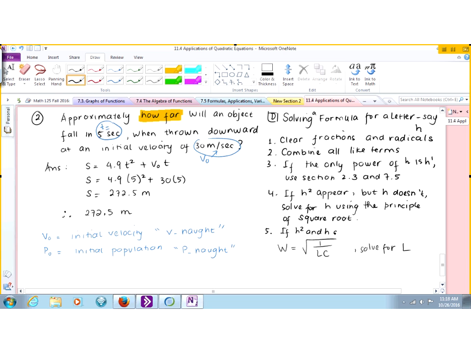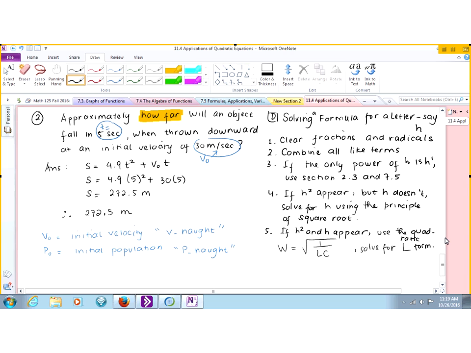If H square and H appear, use the quadratic formula. What is H? That's the variable you want to solve for. So if H square and H appear, use the quadratic formula.